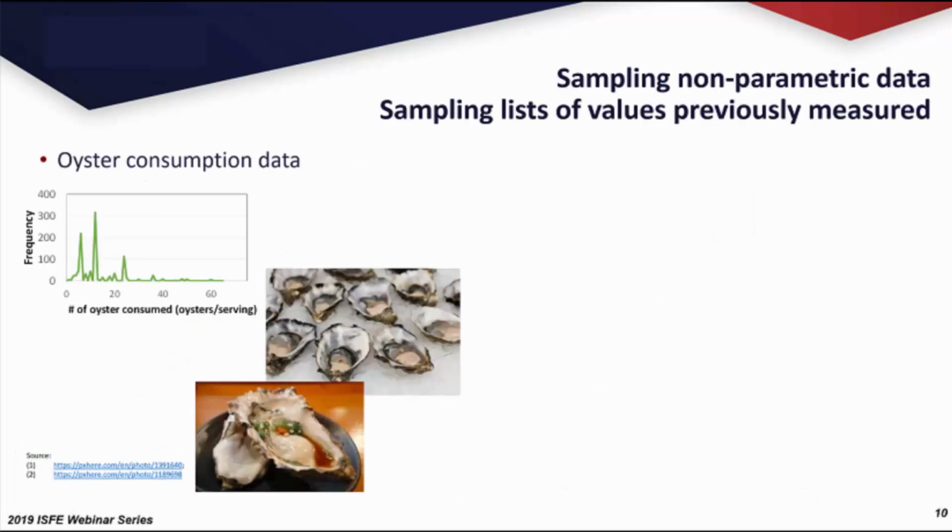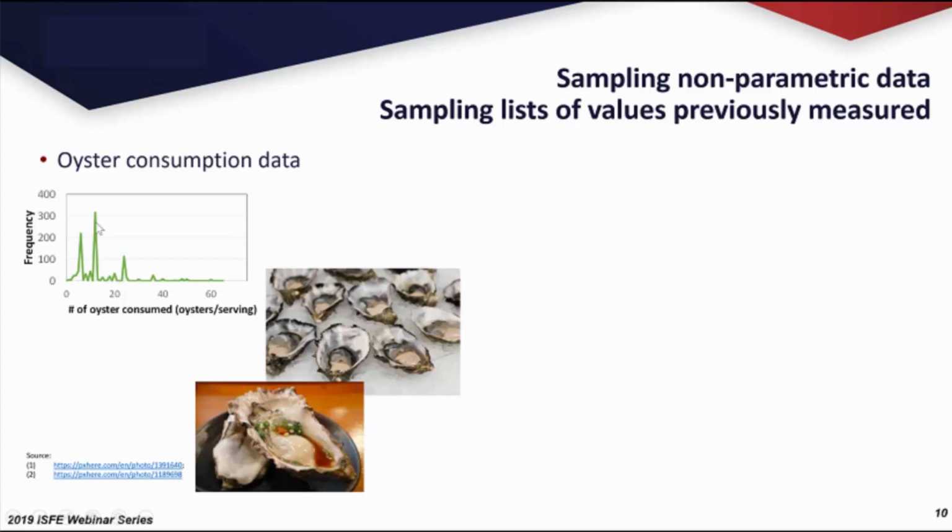Okay, so let's say a different situation now. Let's say you are sampling data that cannot be described with a parameter like a mean and a standard deviation. For example, if you have oyster consumption data and you ask consumers how many oysters they have eaten, you'll find that a lot of them have eaten 6 oysters, so there's a peak here.